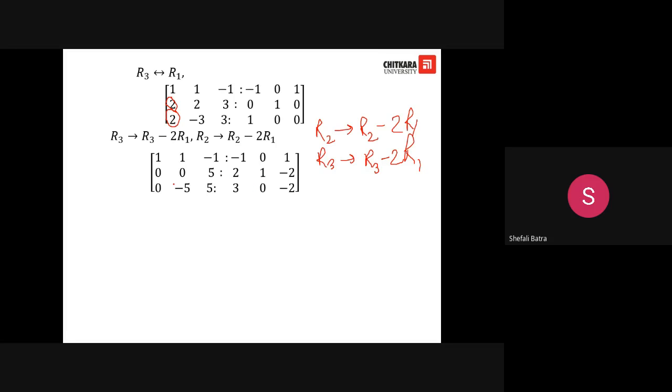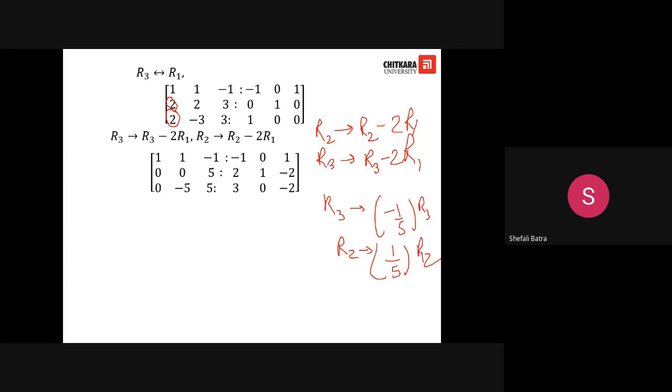Now, what is next? I need here 1, right? So you can see that if I'm multiplying this with minus 1 by 5, so it would become 1, and then I can interchange row 2 and row 3. So first of all, what we are doing, we are multiplying R3 with minus 1 by 5, and R2 can be multiplied with 1 by 5 of R2, right?